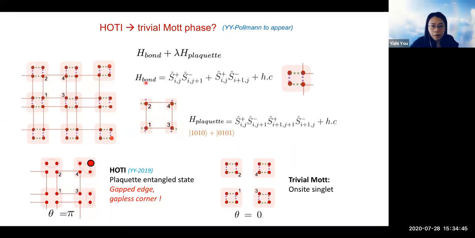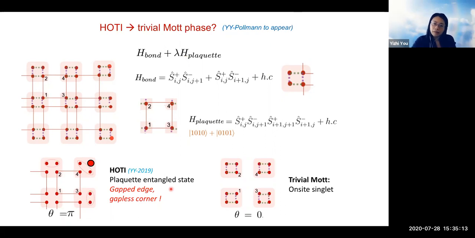The term I will add is a bond interaction between the 4 spins within the same unit cell. This spin bilinear interaction within the unit cell does not break any subsystem or time reversal symmetry, and we just have some XY interaction between the spins inside the unit cell. So this is the Hamiltonian I want to have: a bond interaction and plaquette interactions.